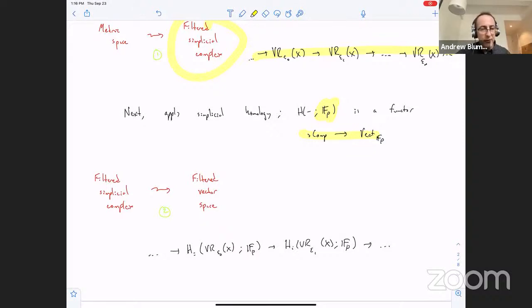If you are not familiar with this, roughly speaking, there's one of these for each natural number, H_n. And H_n of F_p is roughly a count of the n-dimensional holes in the thing you're looking at, or rather the rank of that vector space is a count.